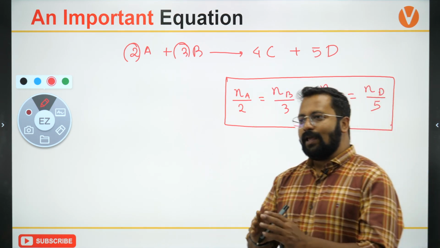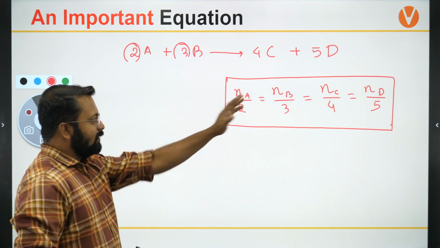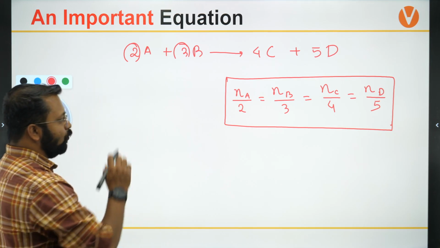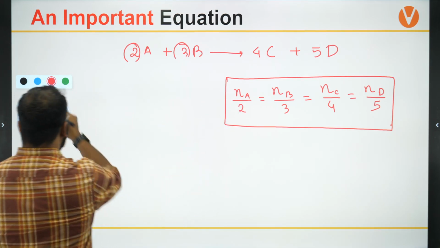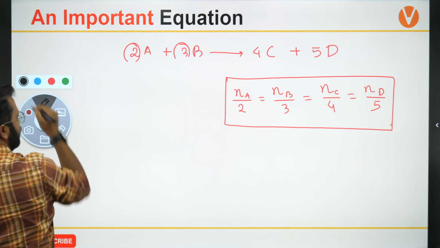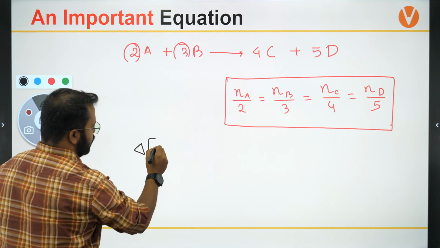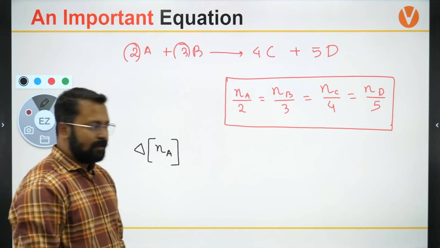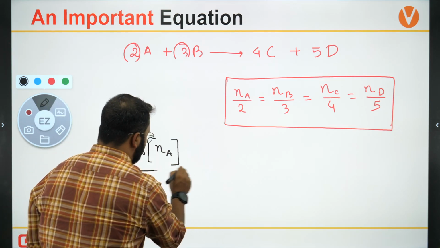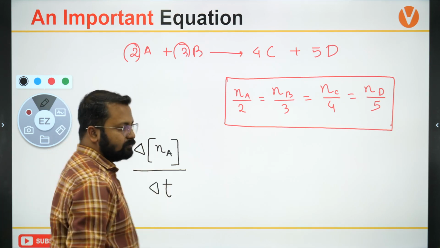Now assume that I observe change for these substances. So how do we observe change? By putting delta. I observe change in the concentration of A, in the amount of A, and divide it by change in time.